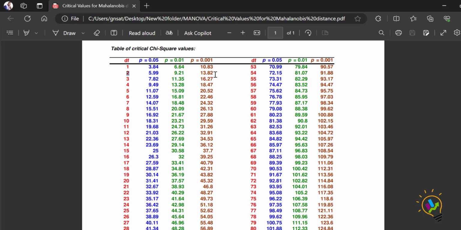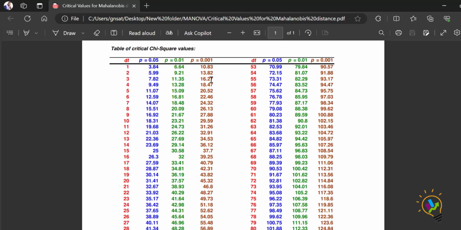Please understand, the degree of freedom I am taking as 2 because we are considering 2 dependent variables. And the p-value we take as 0.001. This is a standard one, so always when checking this chi-square value, take p equal to 0.001.